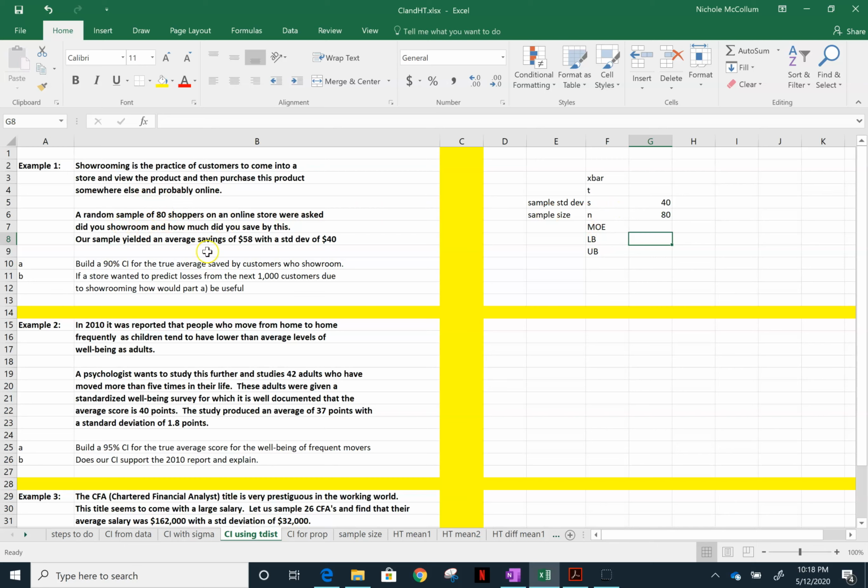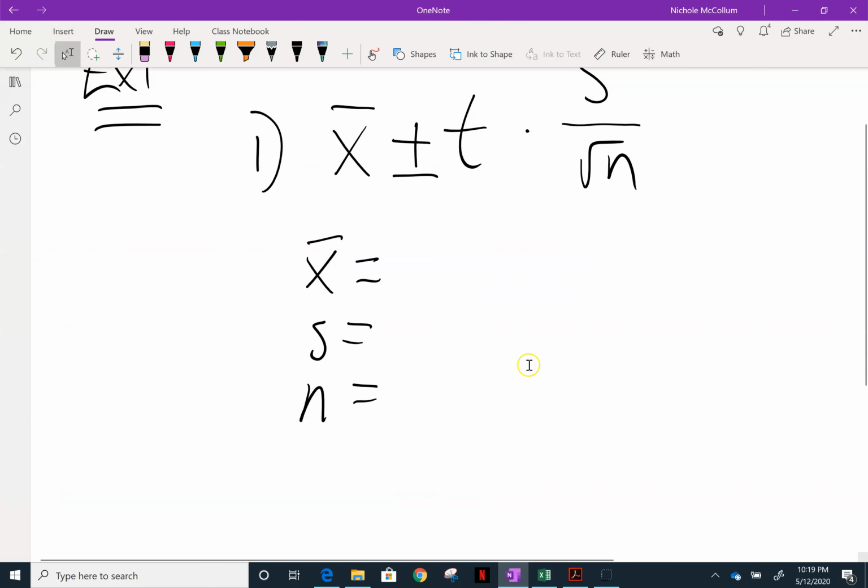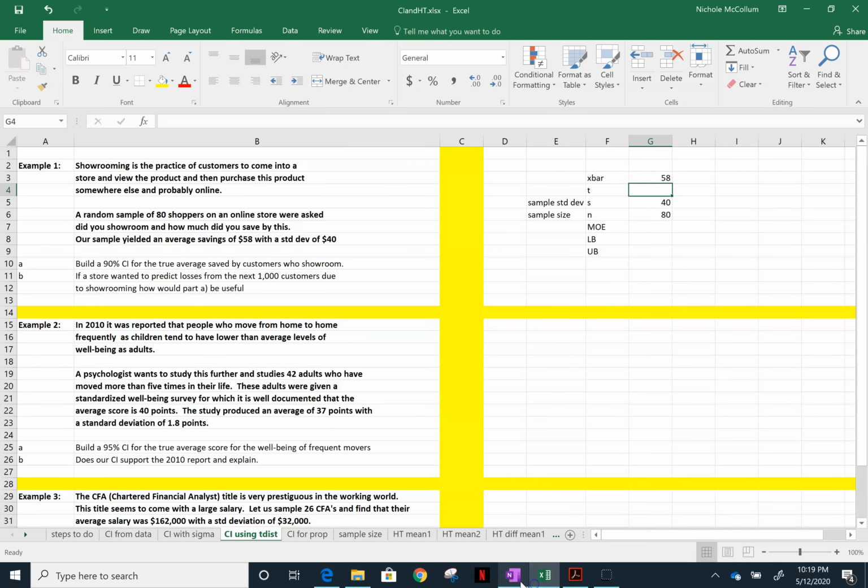There's N. The standard deviation, 40. The average of the sample, $58. That is X bar. So X bar is your sample average. S is your sample standard deviation. N is a count. 58, 40, and 80. Allow me to bring those numbers over. 58, 40, and let me check one more time, 80.